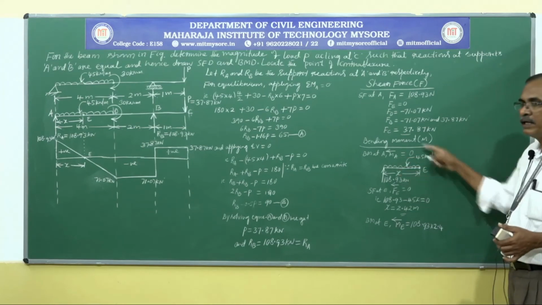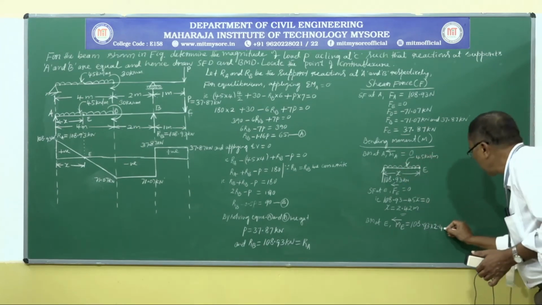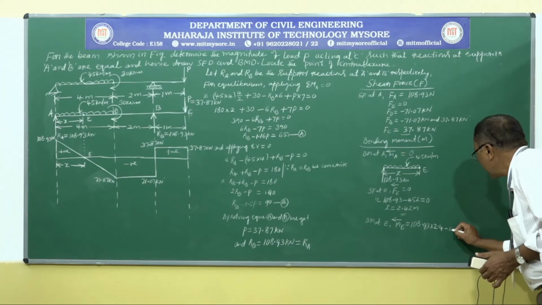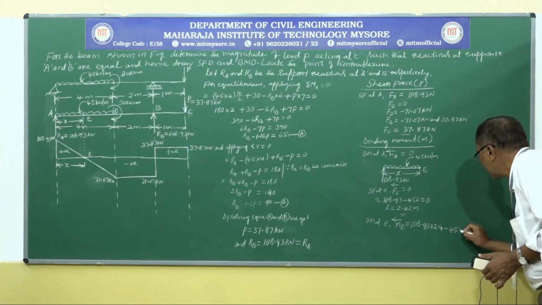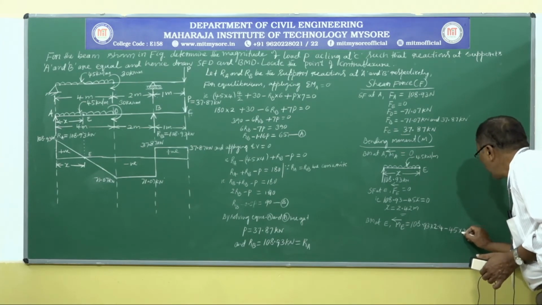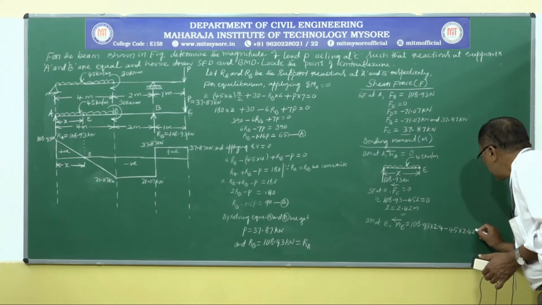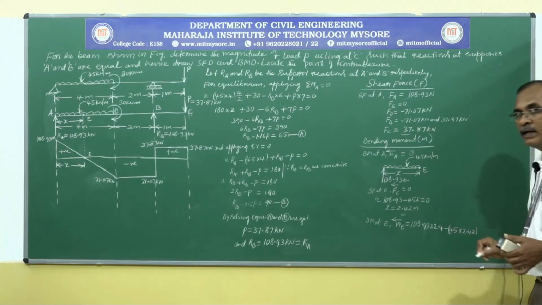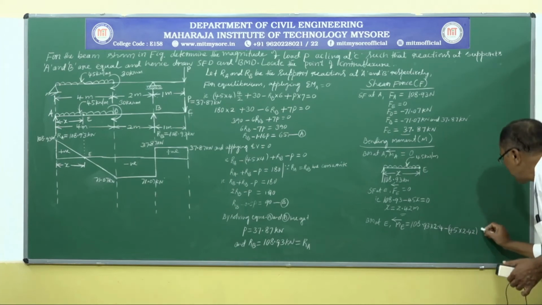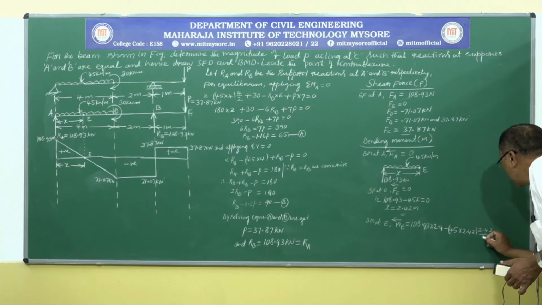And this UDL will create an anticlockwise moment, minus 45 into 2.42. This is a point load acting at the midspan, into 2.42 by 2.